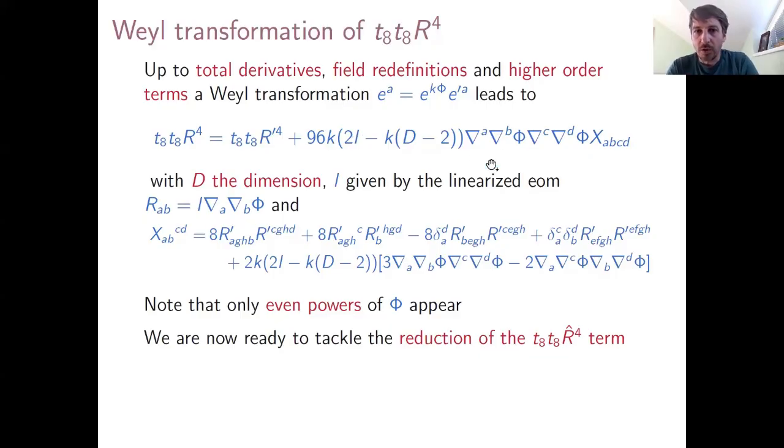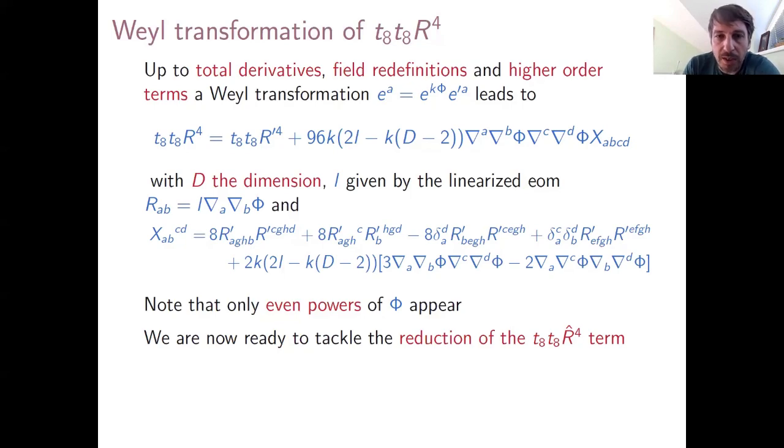Then I have this factor of 2 derivatives of the dilaton, 2 of those factors, times this X, where this X combination is some R squared terms plus some phi squared terms, basically. But the exact form is not super important.